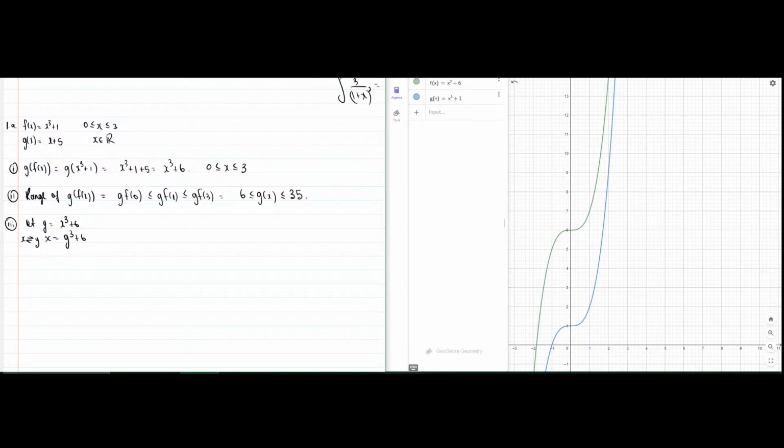Solve for y. x minus 6 is y cubed, and y is the cube root of x minus 6. So the inverse of gf of x, which is (gf) inverse of x, is equal to the cube root of x minus 6.